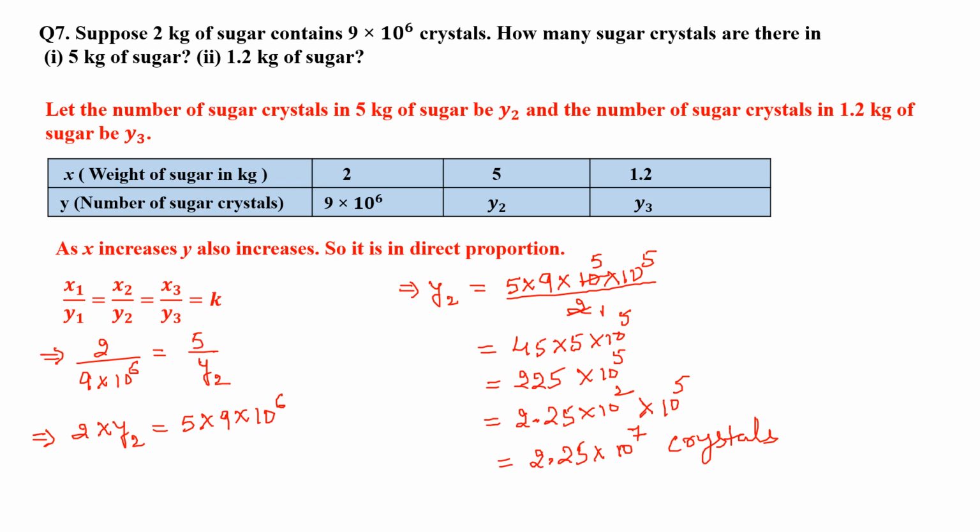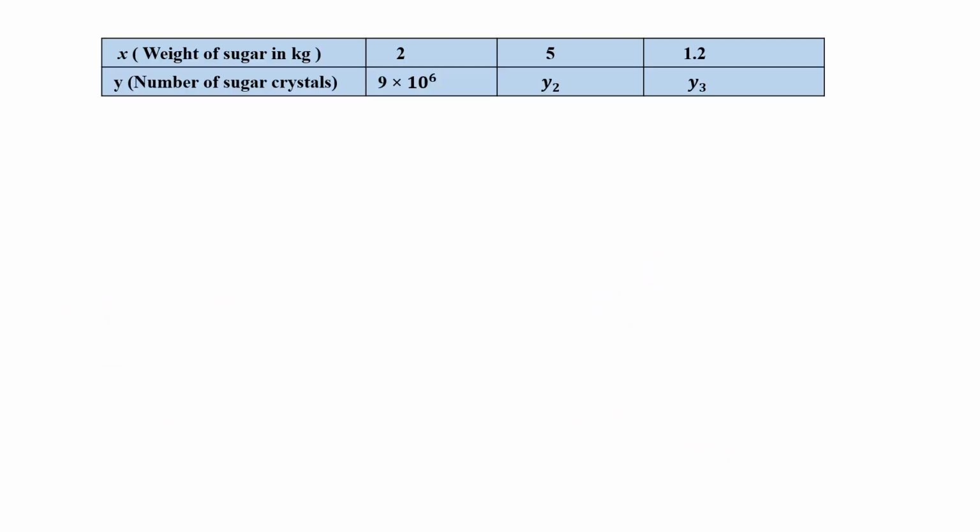Now I am going to solve the next part of it. Again I can write that 2 by 9 into 10 to the power 6 equal to 1.2 by y3, because in direct proportion the ratios are constant. So again I will write it here, 2 by 9 into 10 to the power 6 is equal to 1.2 by y3.